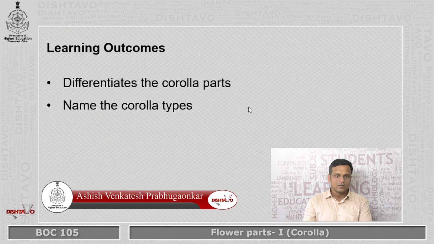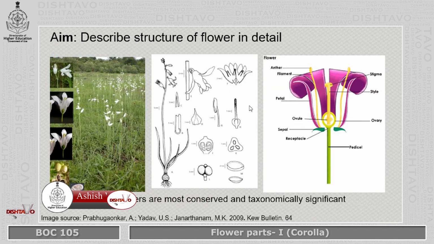We are learning in this unit how to describe a flower. We may take good photographs of the flower. We may make a good illustration of the flower, but a description, writing the floral characters in words, is equally important, very much important, to convey the morphological features of any plant.